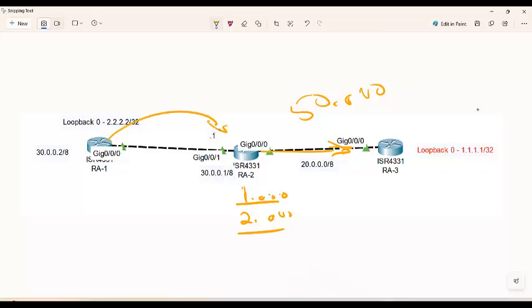That solves the problem. That reduces the lines of code. Any question?